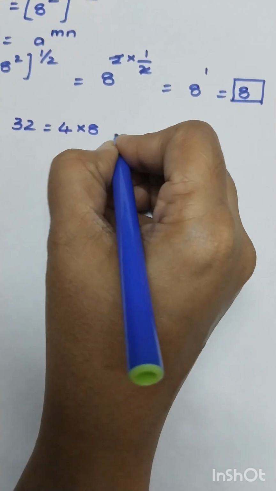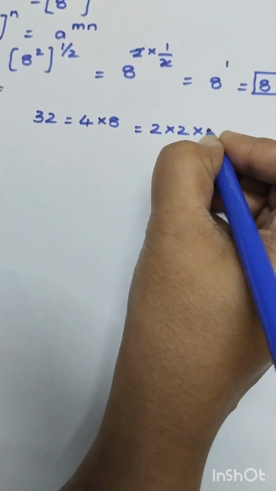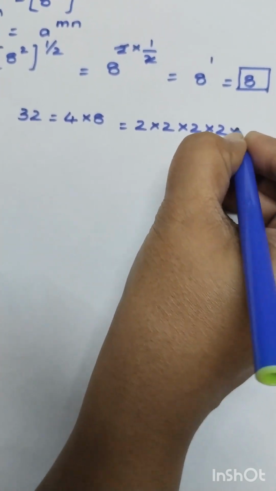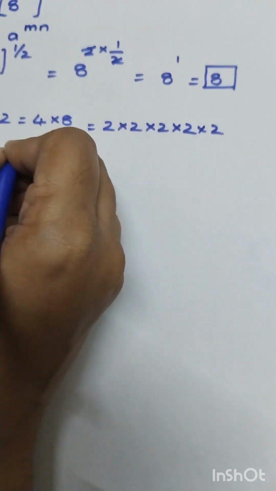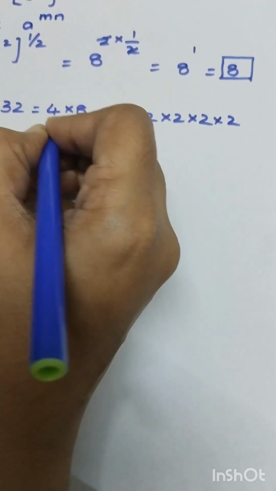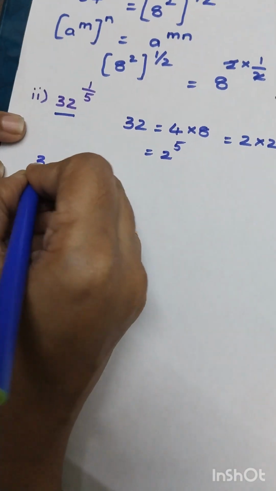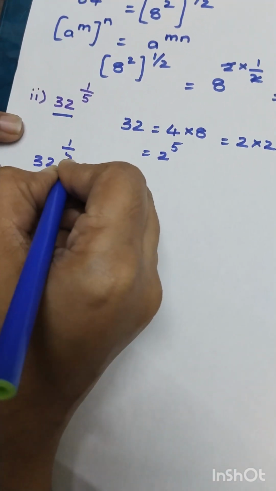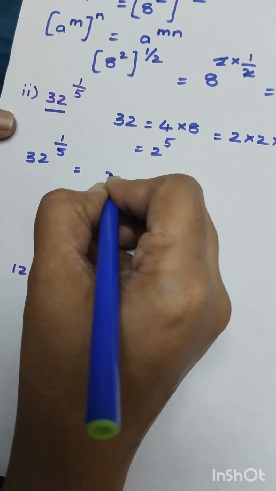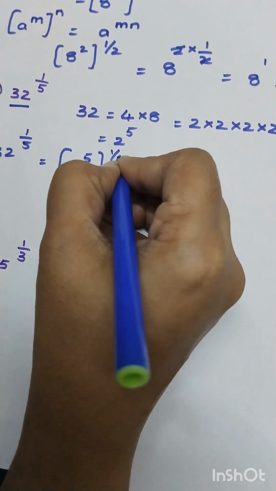Now this can be further simplified as 2 into 2, 2 into 2 into 2, which gives us 2 power 1, 2, 3, 4 and 5. So 32 power 1 by 5 can be written as 2 power 5 whole power 1 by 5.